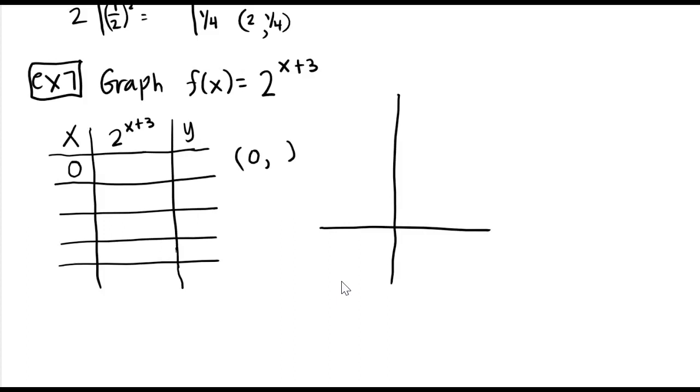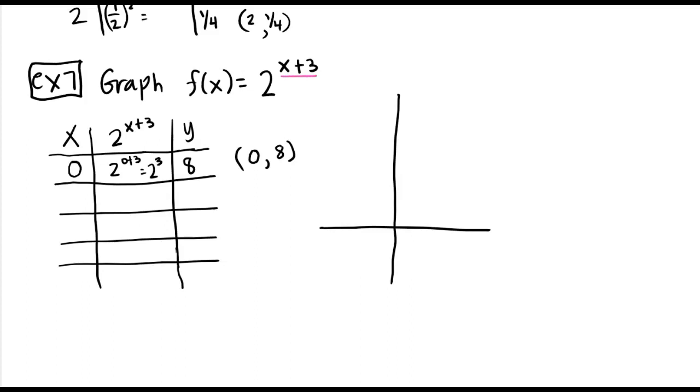Awesome. It looks like most of you are saying 8, because when you do 2 to the 0 plus 3 power, that's just 2 to the 3rd power, which is 8. Now that's not necessarily the x that I'd want you to start with, but it's one that you probably have on your graph anyway. Remember, I said the number I want you to start with is whatever is going to make our exponent go to 0.